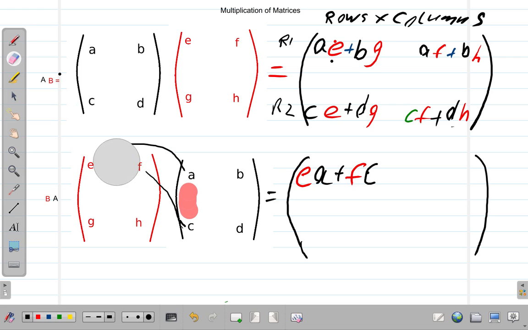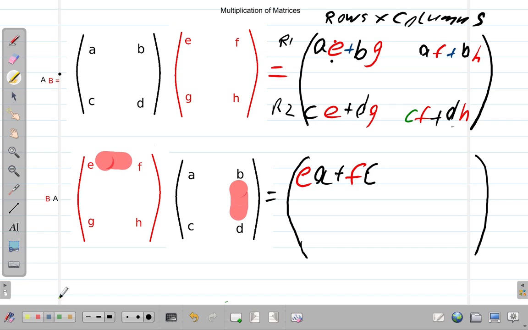Let's continue. After that, you should have calculated the element that's going to come right here. It is in row 1, column 2. So you must multiply row 1 by column 2.